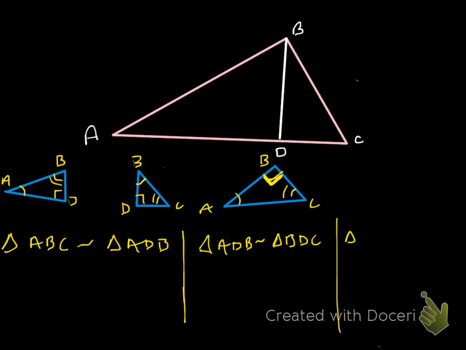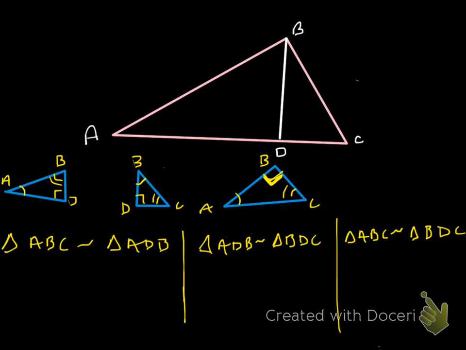And then you're going to have triangle ABC is similar to triangle BDC. Now you're going to find out some interesting things about this, okay? And again, you can now see these three triangles that we're talking about represented above, okay?